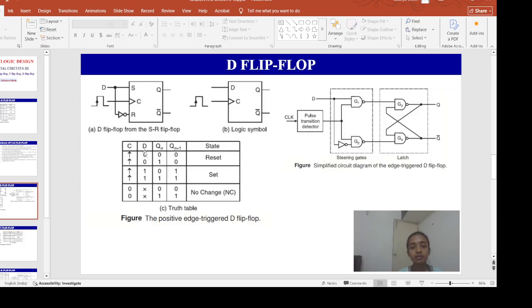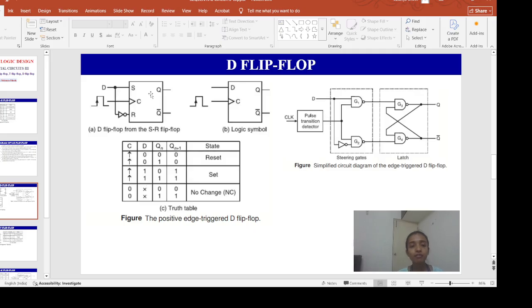When D is 0 and the present state is 1, next state will be 0. Q will simply follow the D input. Now when D is 1 and present state is 0, the next state will follow D. When D is 1 and present state is 1, Qn plus 1, the next state, will follow D.